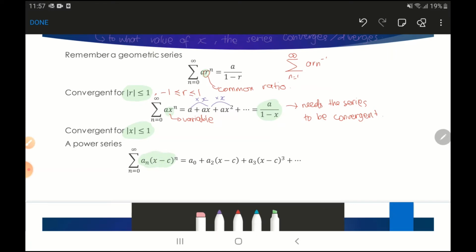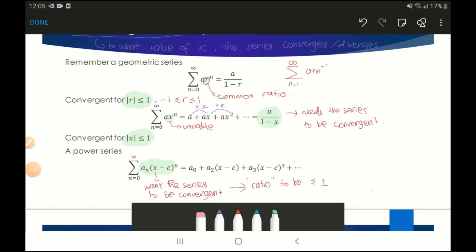So if we want this series to be convergent, we want it to have the ratio, let me put a note, that ratio to be less than or equal to 1.